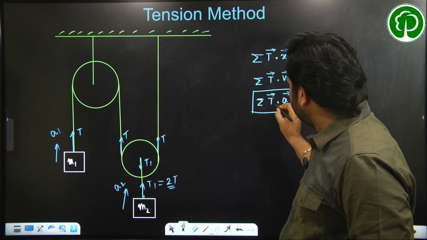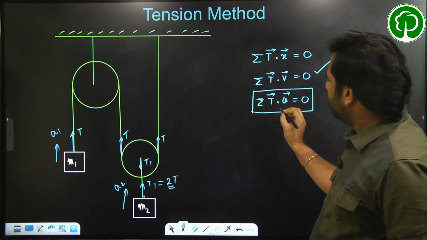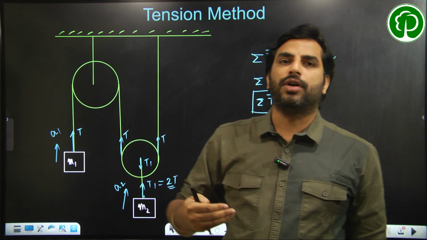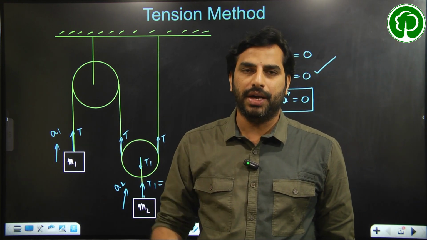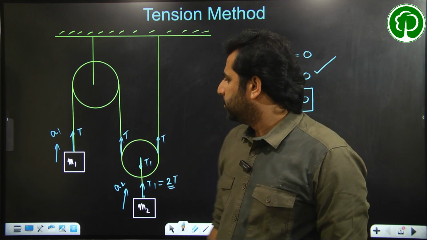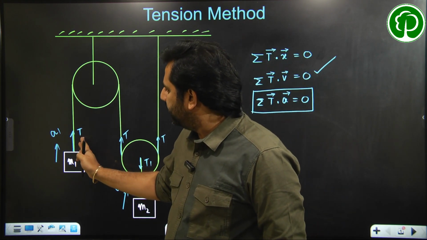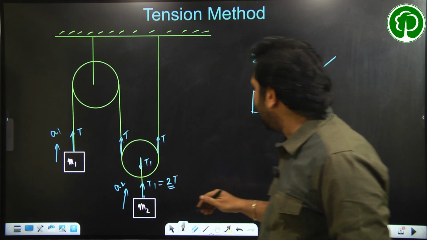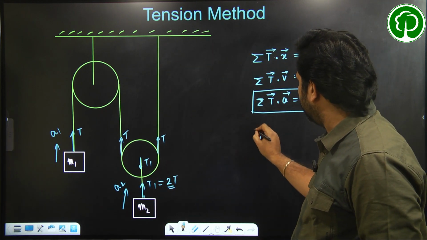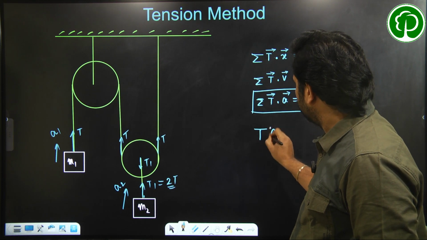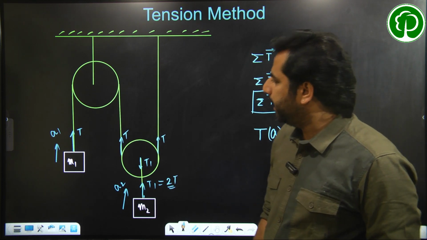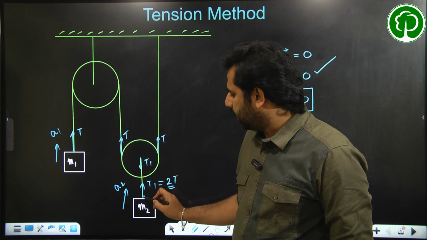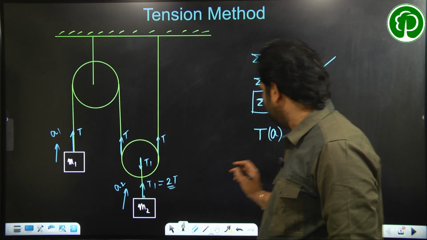You have to be very careful with the dot product of two vectors. A bar dot B bar is A into B into cos of the angle between A bar and B bar, AB cos theta. In this case, the angle between tension and acceleration A1 is 0, so T bar dot A bar becomes T into A1. Next, on this block M2, the tension is T1, which is equal to 2T.